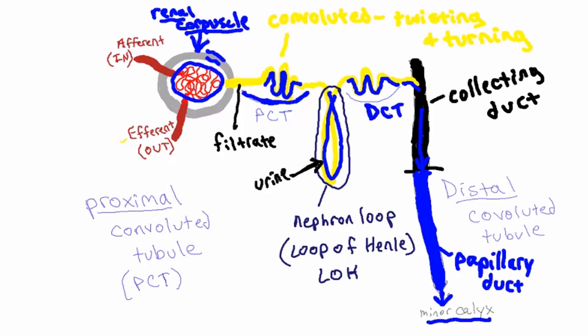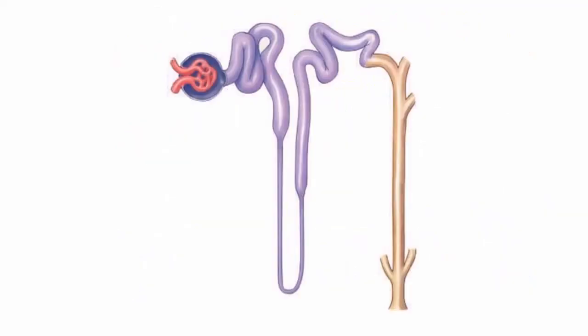So here is a diagram of the same thing we were just going over, so you can see the picture of it. There is the afferent arteriole, and that goes in.